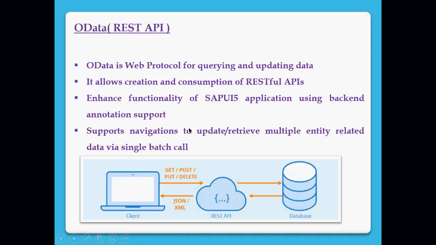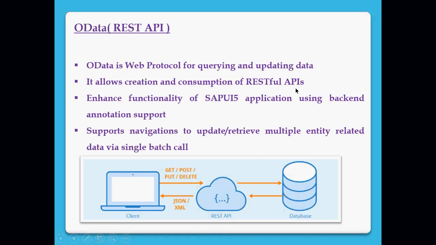So that's why OData is actually required, because now we won't be working as a person who develops the logic as well as the front end designing, unless you are a full stack developer in that particular role. Else you would be working as a backend developer. So as a backend developer, our work would be mostly in developing and providing a proper REST API to the front end client. So it allows the creation and consumption of RESTful APIs.